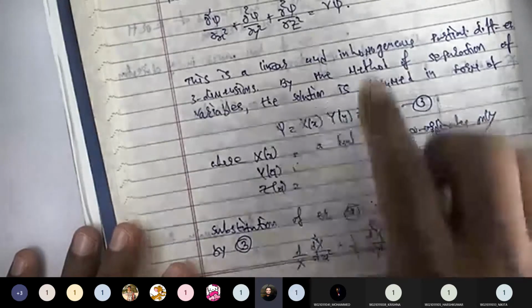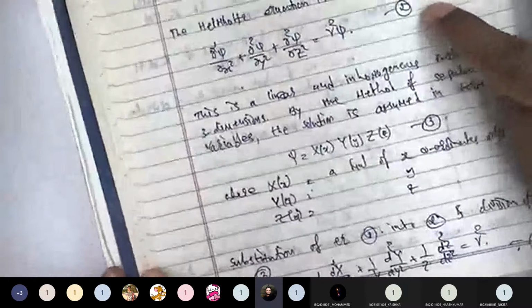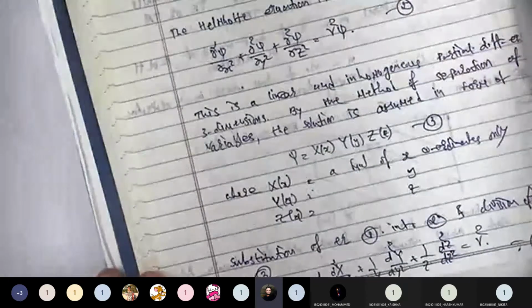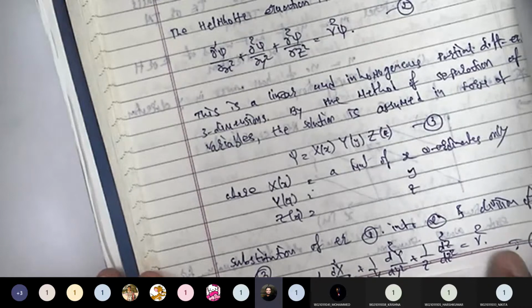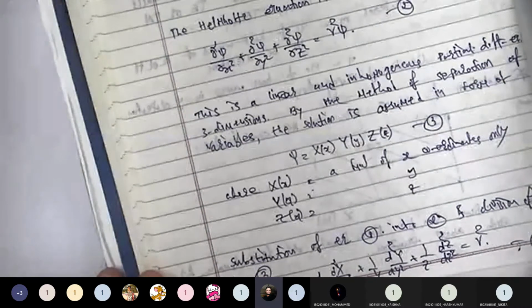So earlier equation number 2 was a partial differential equation, but because these three variables are independent of each other, we have derived three differential equations.